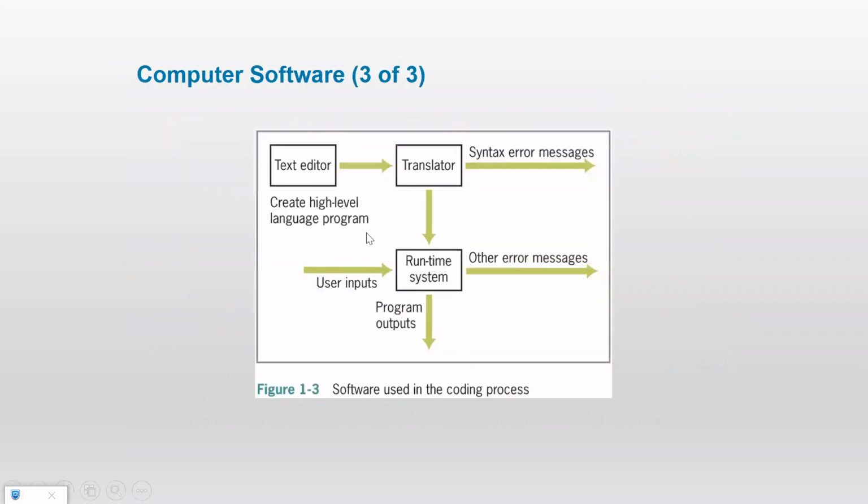Okay, so this is the process, right? In the text editor, you write your program using a high-level programming language, and then the translator will translate it. But if you have errors, you come back to redo the edit, and then you translate again. If it is correct, it goes to the runtime system to produce the output.